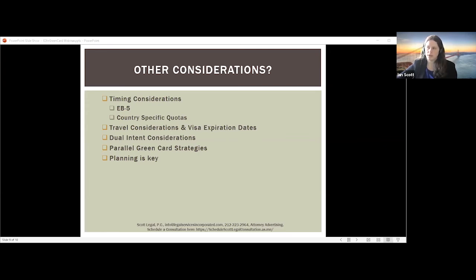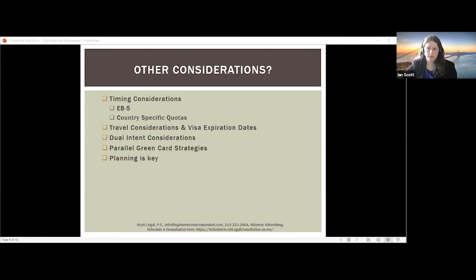You also want to consider travel and your visa expiration. For some people, traveling internationally is an important part of their business, or they have family needs and they're going to need to be constantly traveling. That's something to consider if you're moving to a green card, because when you file your I-485, unless you're on an H-1B or an L, you cannot travel until you get work and travel authorization from USCIS.